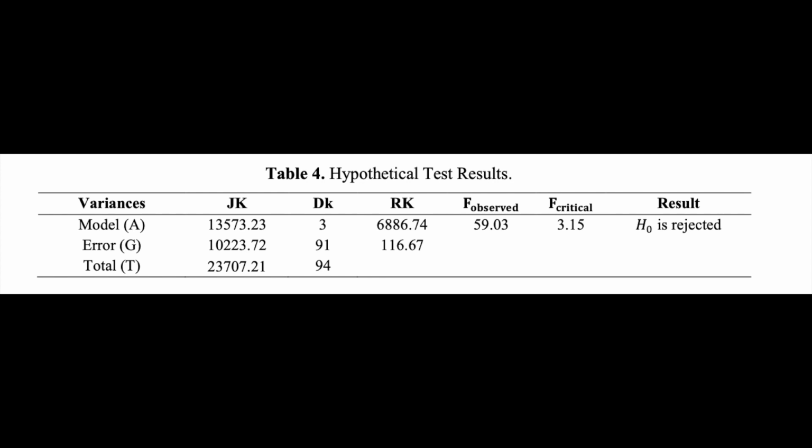The hypothesis test results are shown with the F observed and the F critical, demonstrating that the power of the intervention itself was great, with 59.03 being much more than the critical value needed at 3.15, showing that the null hypothesis is rejected and significance is found in the resulting test.